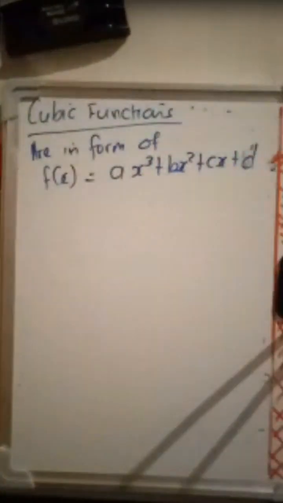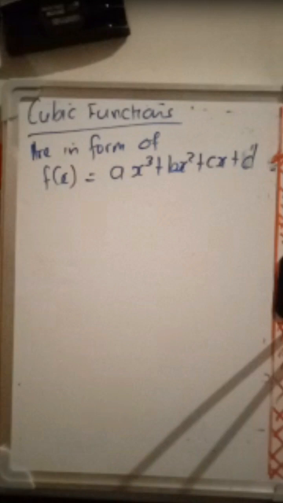Usually, the characteristics of cubic functions on a graph, not always, is that they should have two stationary points and also what is called one point of inflection. We are going to talk about that.